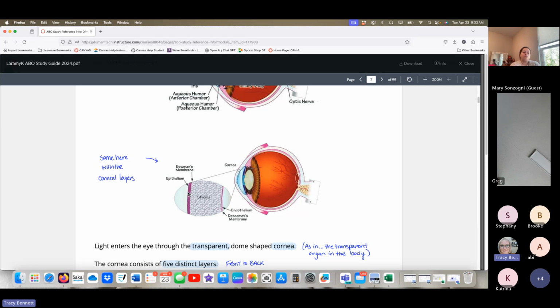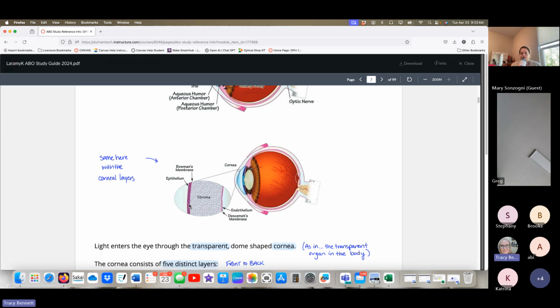The reason we need extra layers out here is because that's the one on the outside of our body. So if we get a scratch, it has a way to regenerate and repair itself, and it gives a little bit more protection than just a single cell layer.